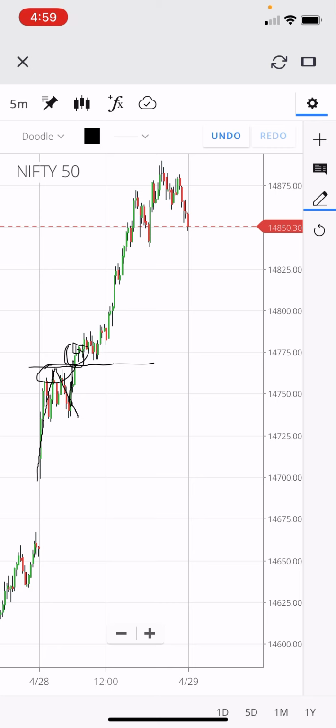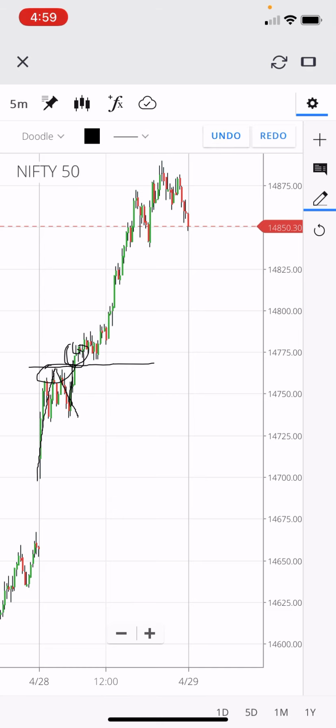So from this area we should not jump or go long. We should wait for the market to retest or retrace back to that area where it faced resistance for the first time, and now the market tries to take support in this area, and from this area we can go long, and target hit.